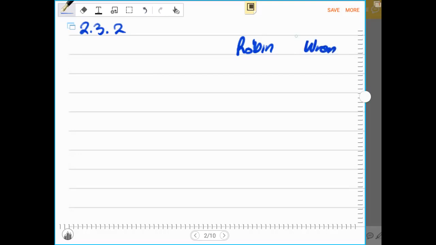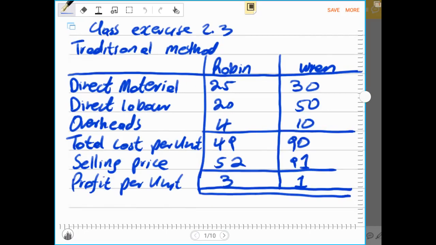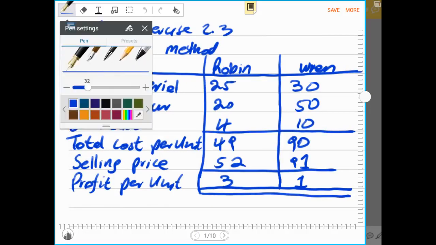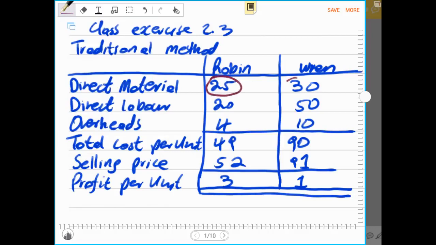And remember the cost is still per unit, and we still need direct material, and direct material does not change. We still take the same amount as we did in the first calculation. So direct material is 25 and 30 rand, and direct labor is 20 and 50.